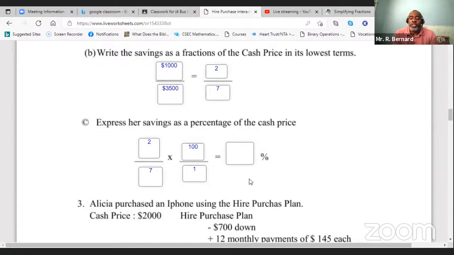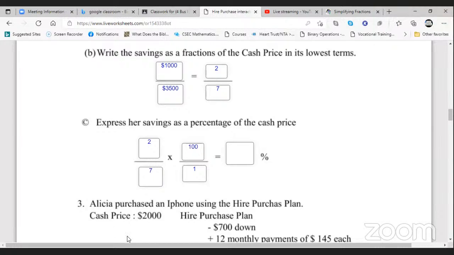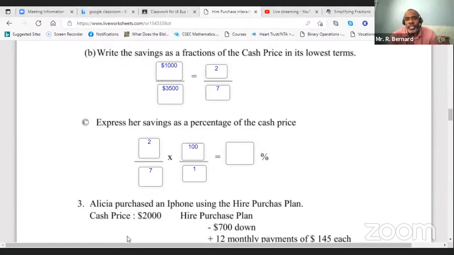But remember, just like if you get a test and the test score was 9/10, and you want to express the test score as a percentage, that means 9/10 times 100.